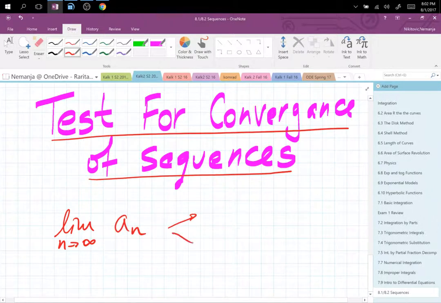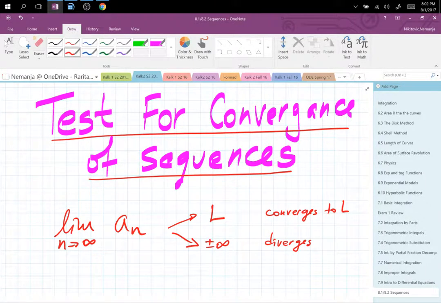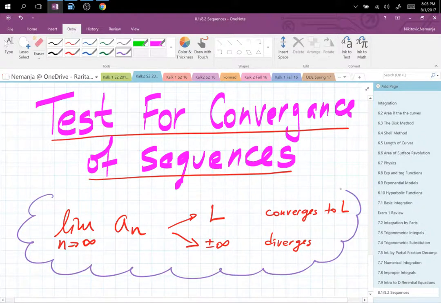That can have two separate answers. L, which we say converges to L, or positive and negative infinity, where we claim divergence. This is your test for convergence of sequences.